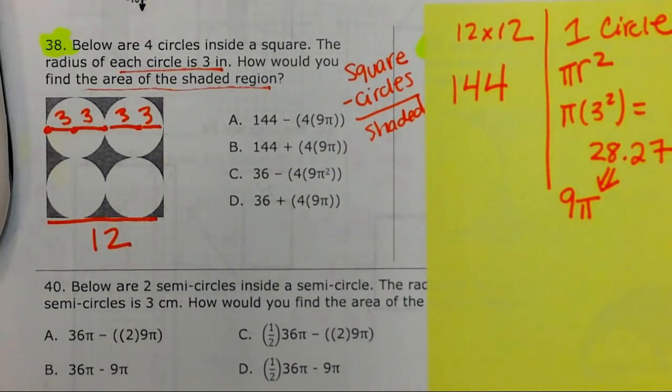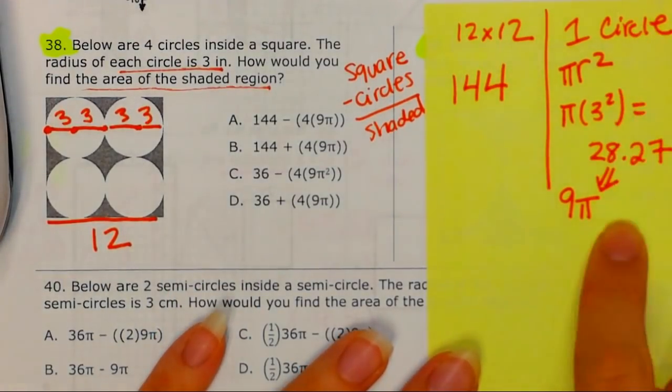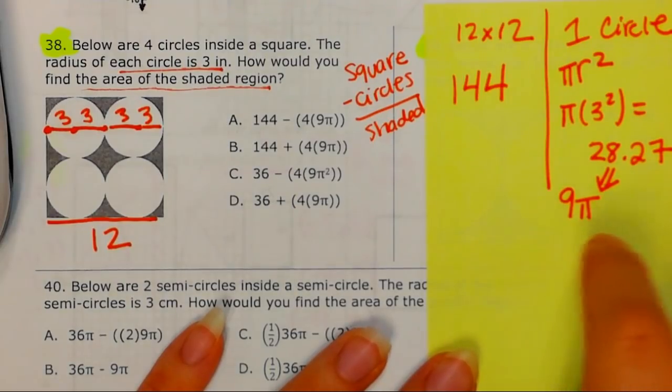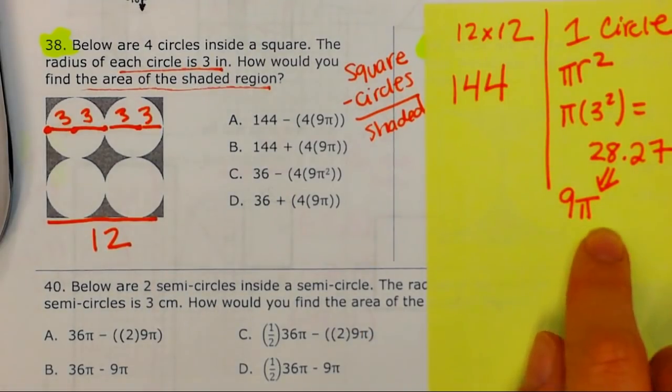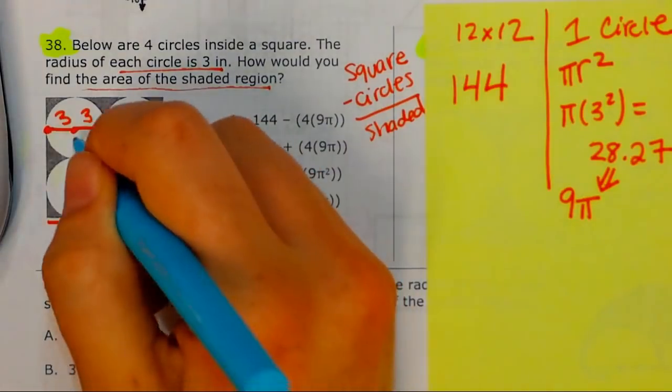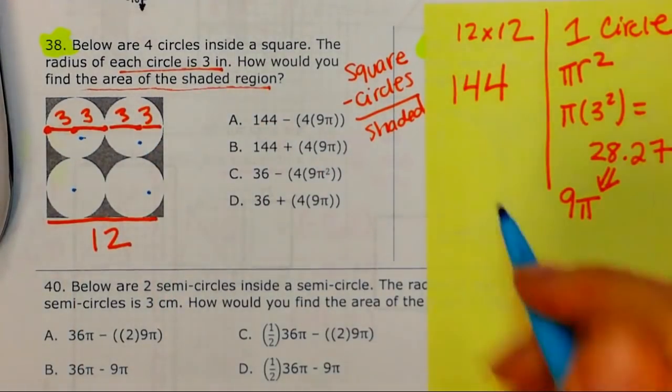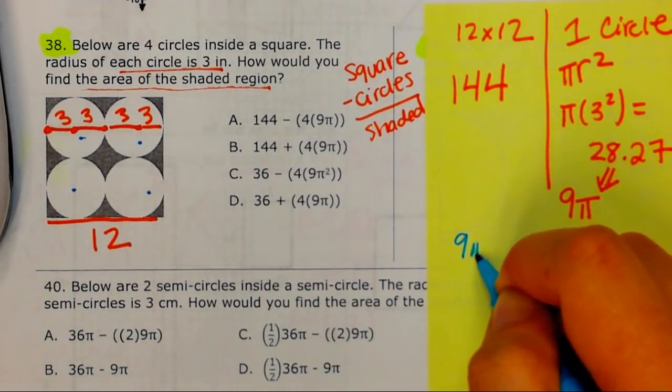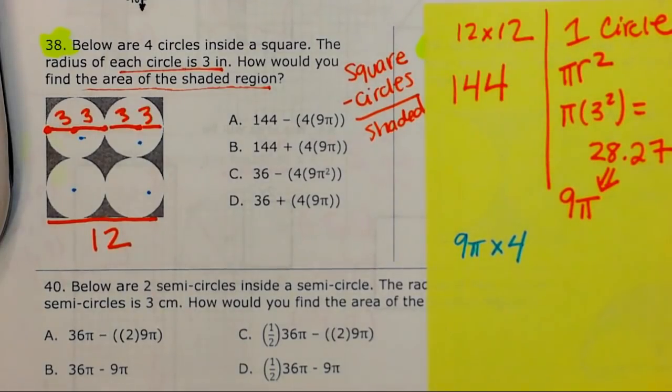What were we doing? Okay, so we had one circle is equal to 9 pi. So that's the area of one circle. So you have 4 circles, right? So we would just have to take this 9 pi and multiply it by 4. Okay?